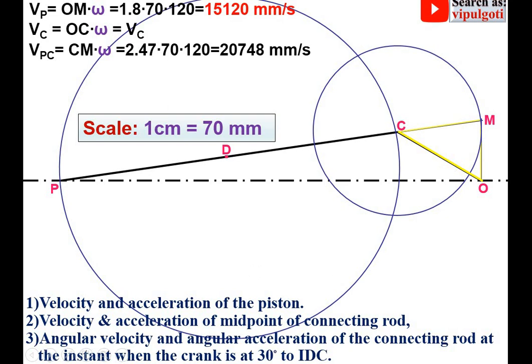The intersection of these two circles, mark them as K and L. Next, join KL, which will intersect over here. Give the names Q and N. Keep in mind that Q is the intersection of this KL and the connecting rod, whereas N is the intersection of the KL and the center line.